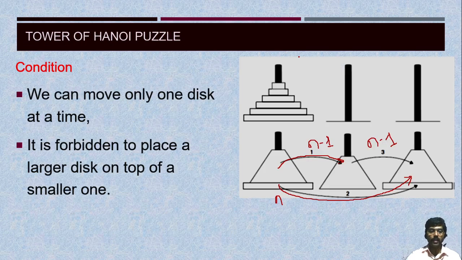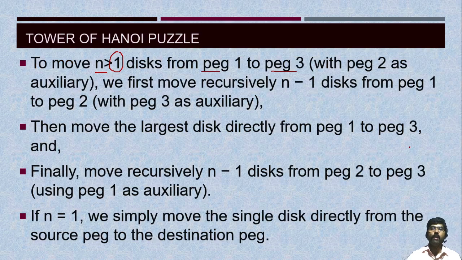The condition is that I have to move the nth disc from here to here. What do I have to do? I have to use peg 2 as auxiliary.